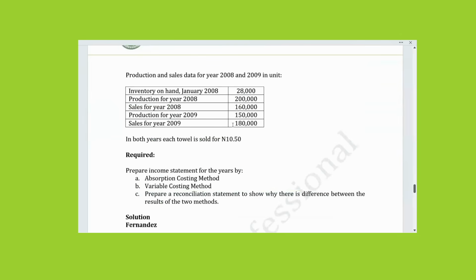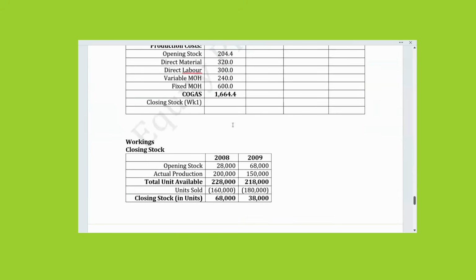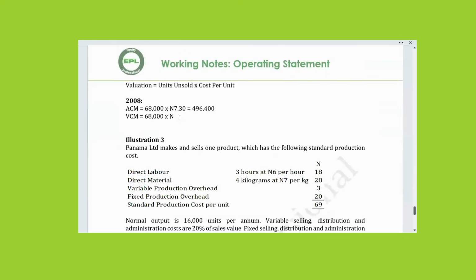So I will then come here, I will multiply 68,000 by 4.3 naira. What do you have? 292,400.